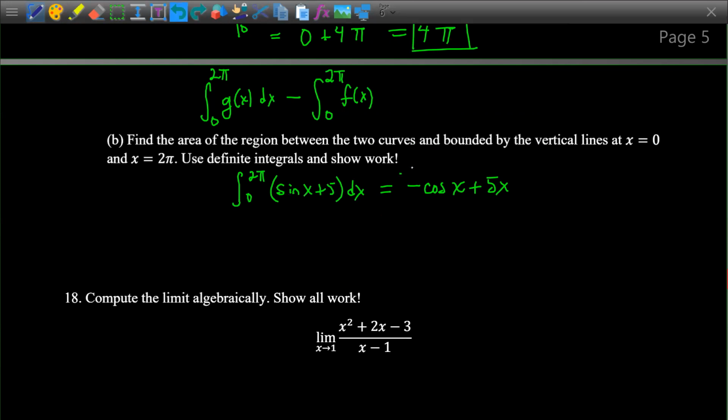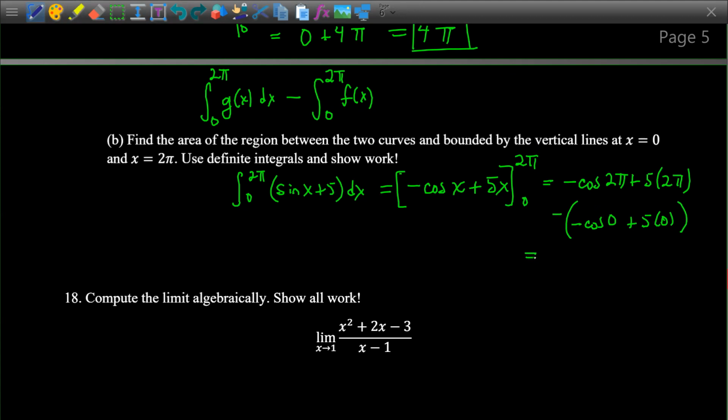So another common way of notating evaluating an antiderivative at limits of integration is using these square brackets, from 0 to 2 pi. So this is going to be minus cosine of 2 pi plus 5 times 2 pi. And then subtract from that minus cosine of 0 plus 5 times 0.